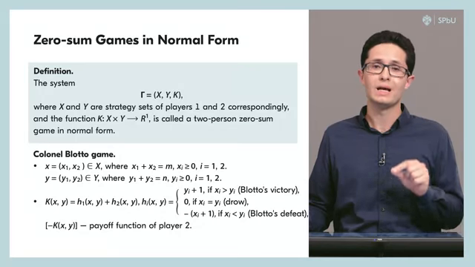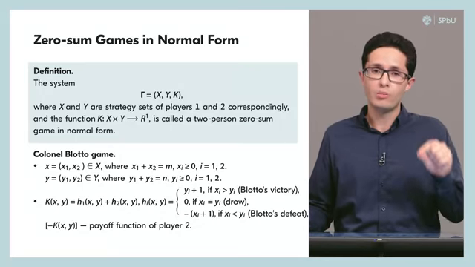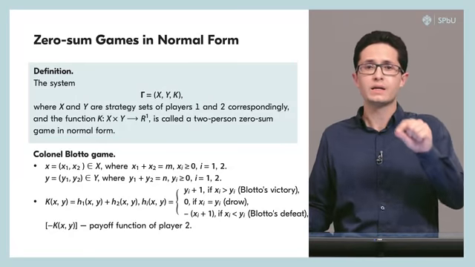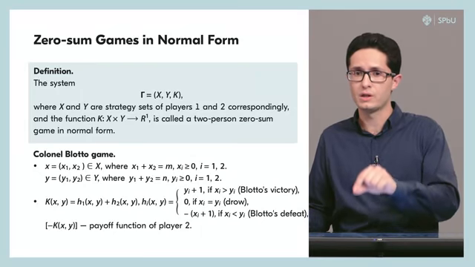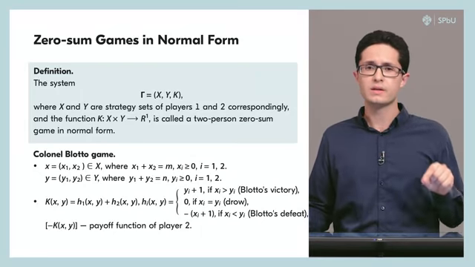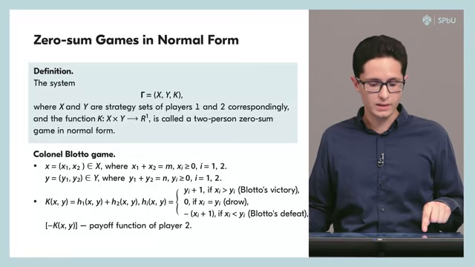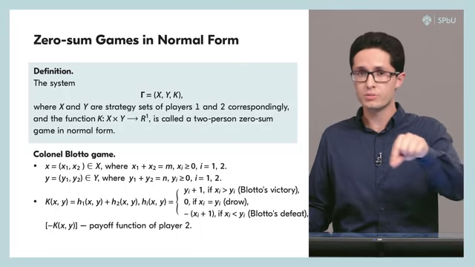It happens when xi is strictly less than yi, when the number of regiments of Colonel Blotto on battlefield i is strictly less than the number of regiments of his opponent on battlefield i. In this case, the payoff of Colonel Blotto is calculated as minus xi plus 1, so minus the number of his regiments plus 1.